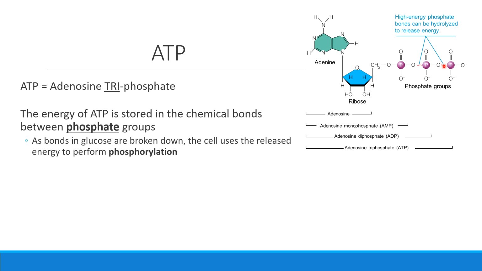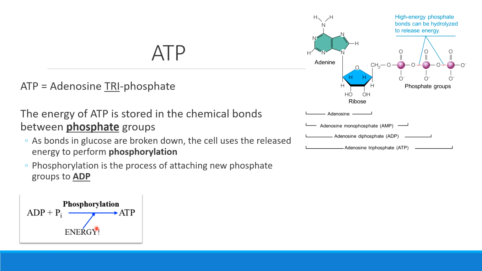The way that we release or capture that energy is by moving around a phosphate group. When phosphate groups move, it's called phosphorylation. Phosphorylation is one way that we attach that third phosphate group to ADP, making it ATP.